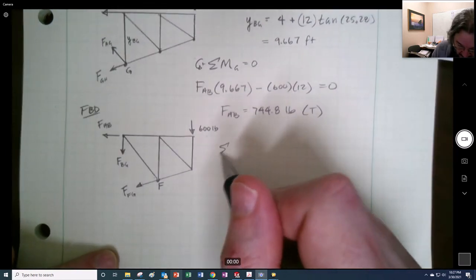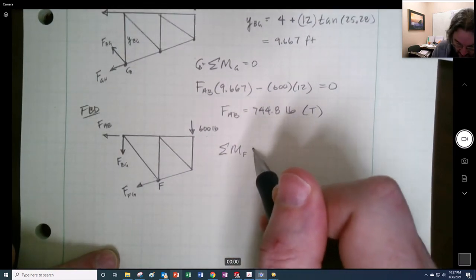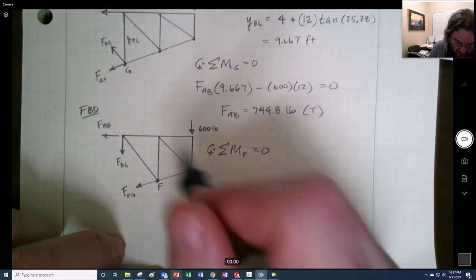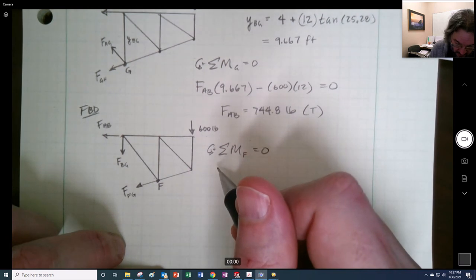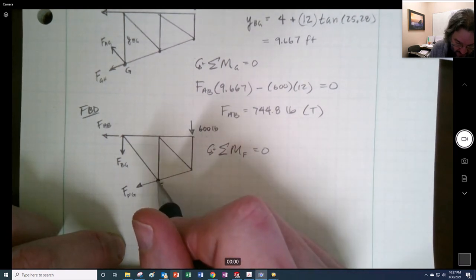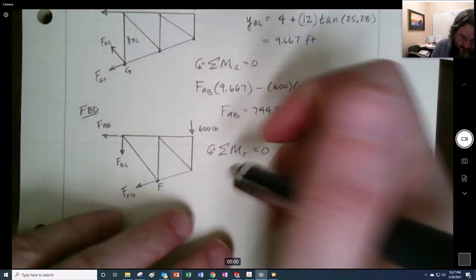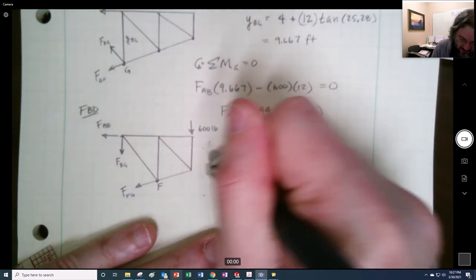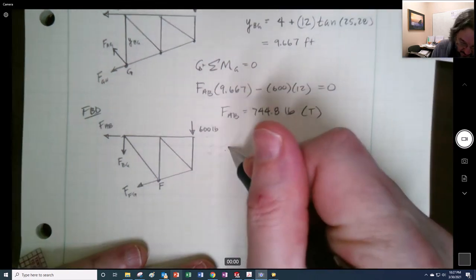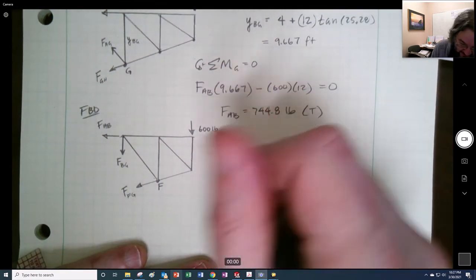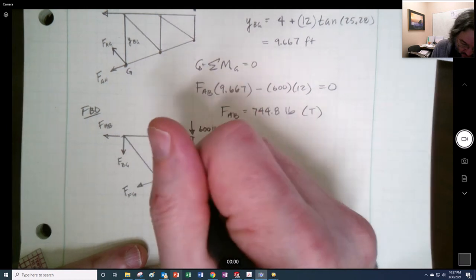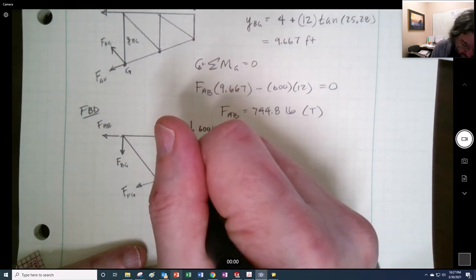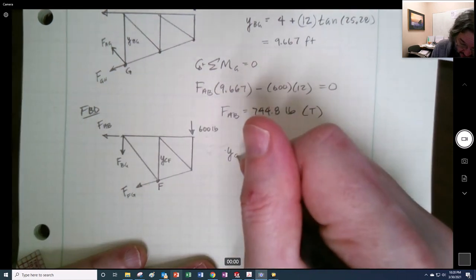So we're going to take our sum of the moments about F, and that would mean we need this dimension right here, right? So let me make room. Just like I had before, I have to find y, and that's going to be YCF.